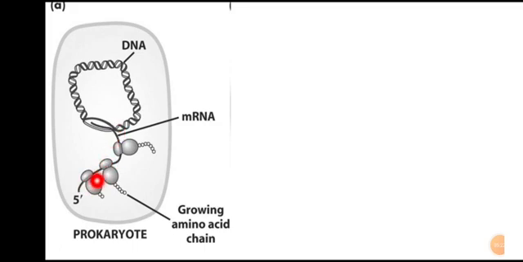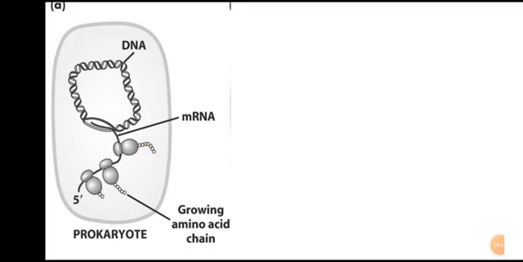So this ribosome moves, and as it moves, it leads to synthesis of a polypeptide chain. So it moves on, and the polypeptide chain grows due to the addition of amino acids. This is how a polypeptide chain is synthesized.